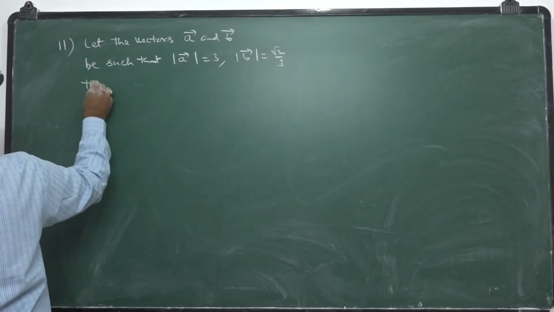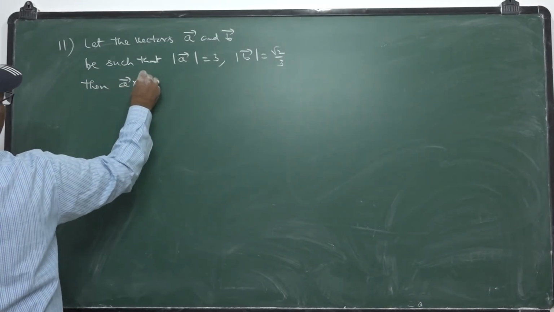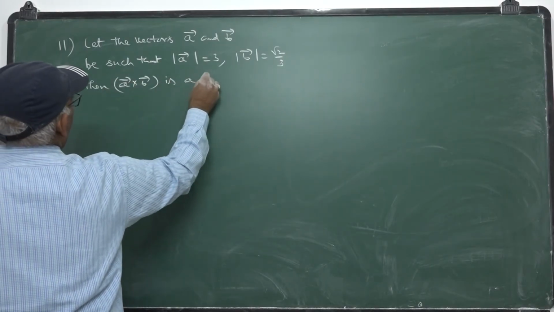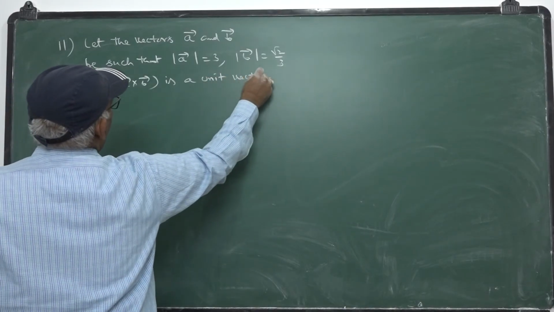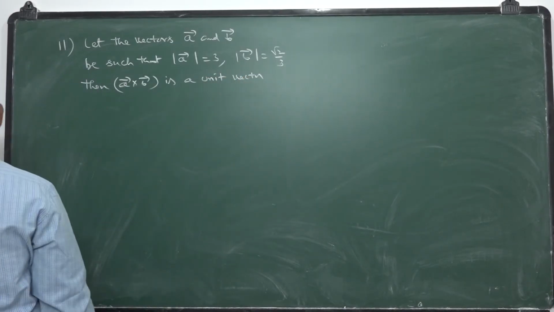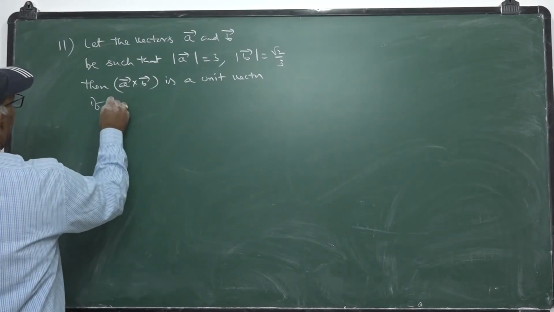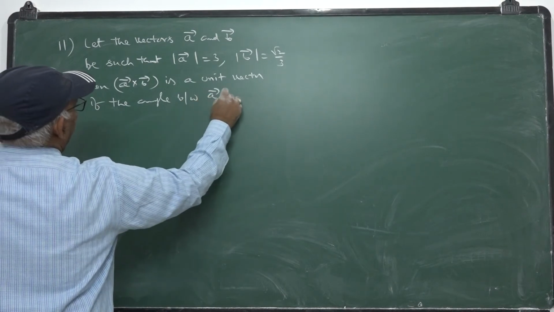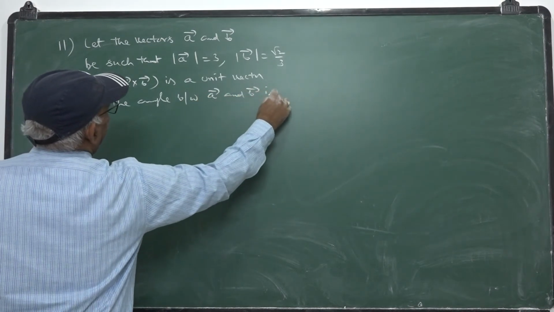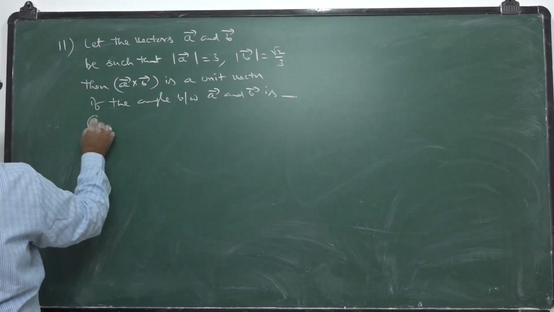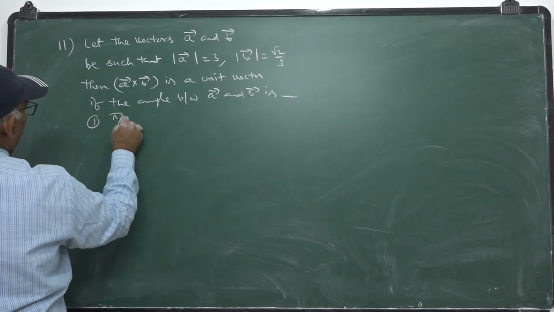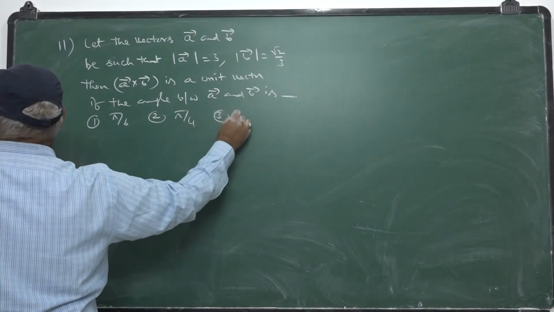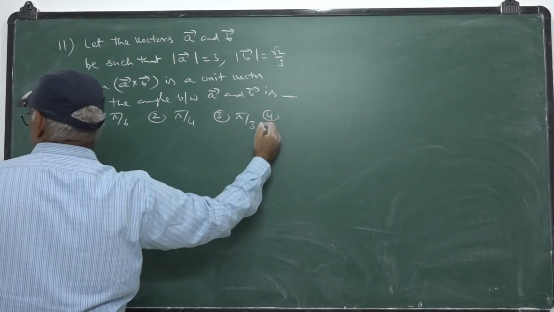Then the vector a bar cross b bar is a unit vector if the angle between a bar and b bar is. The given options are pi by 6, pi by 4, third one is pi by 3, fourth one is pi by 2.